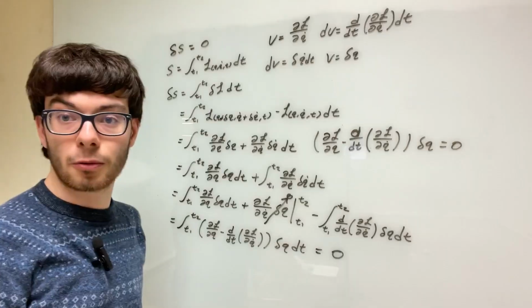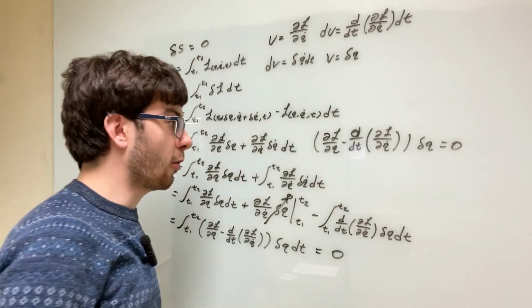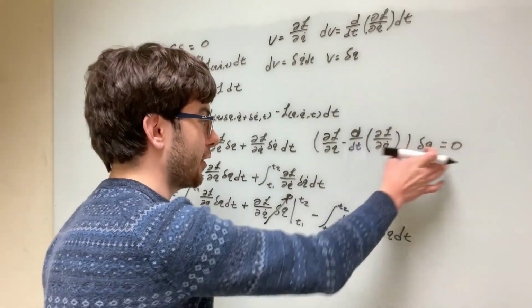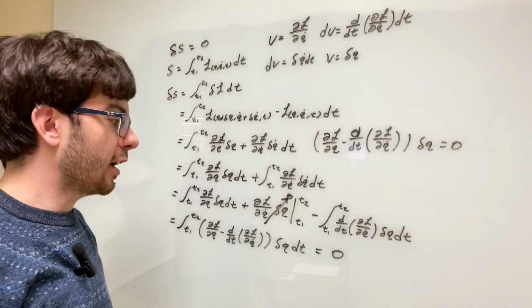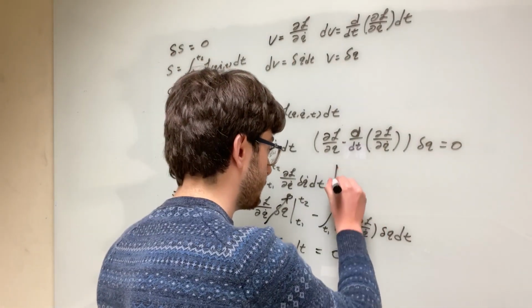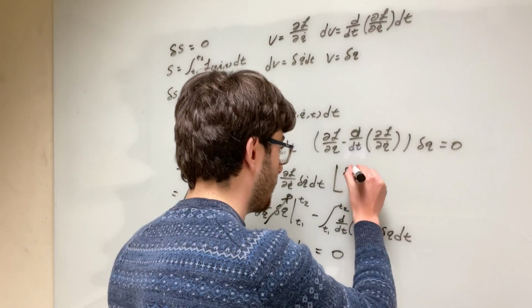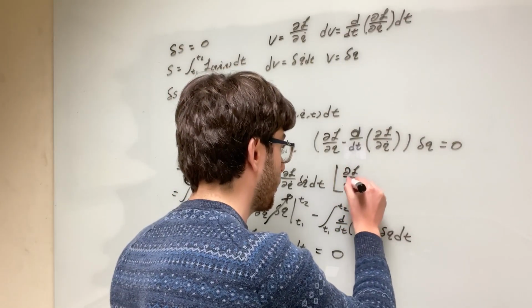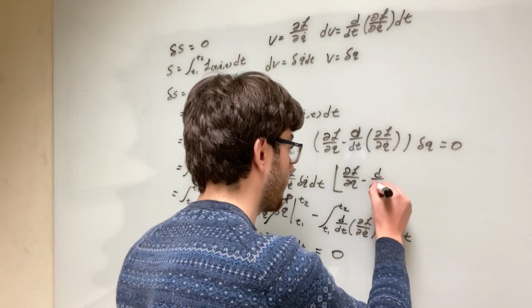And that whole thing is equal to 0. So all we need to do is divide both sides by the variation in q. And then we get, spectacularly, our Euler-Lagrange equation.